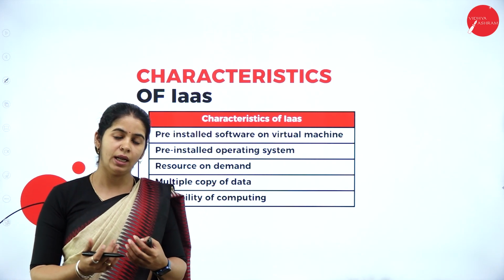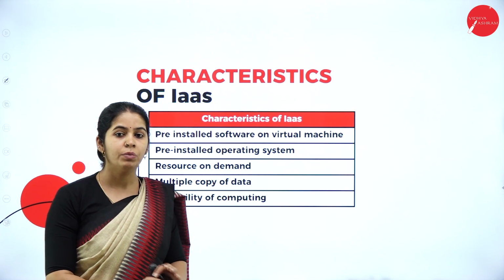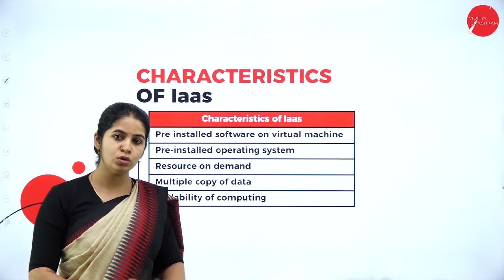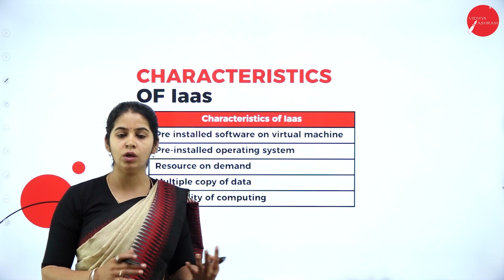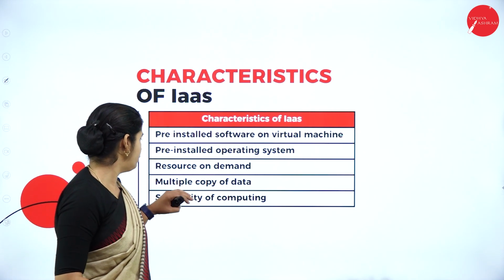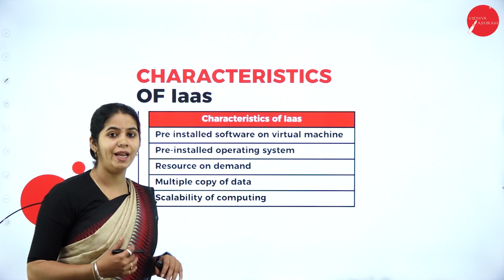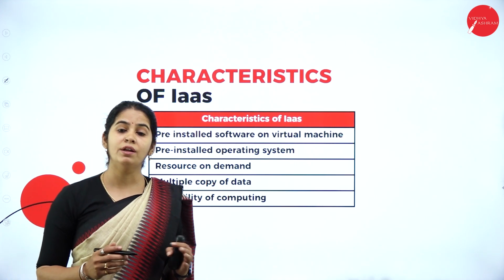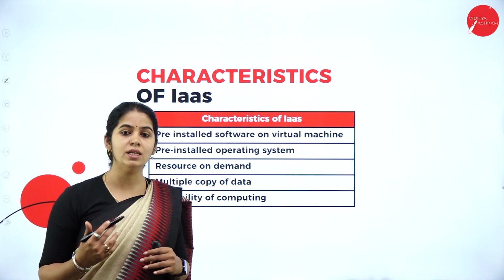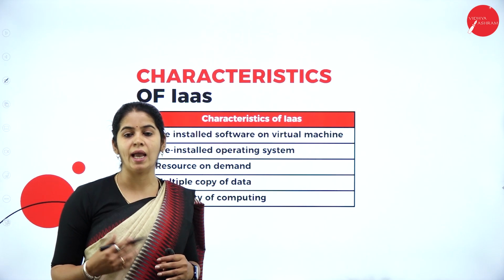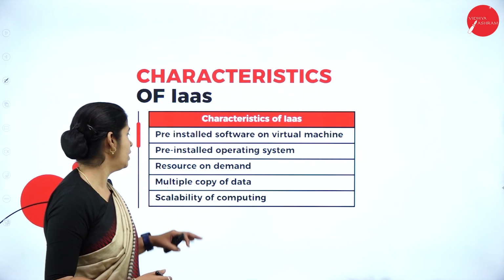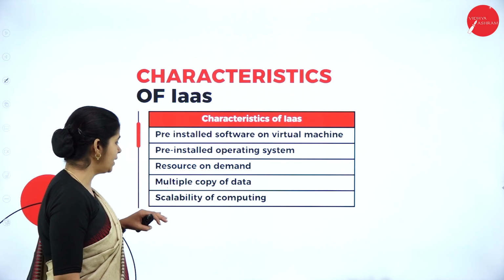You are not simply taking the resources and keeping them aside. Whenever you are not working, you give them back to the service provider. And multiple copies of data. If data is lost from one server, you can access it from another server, as there are multiple copies of data.